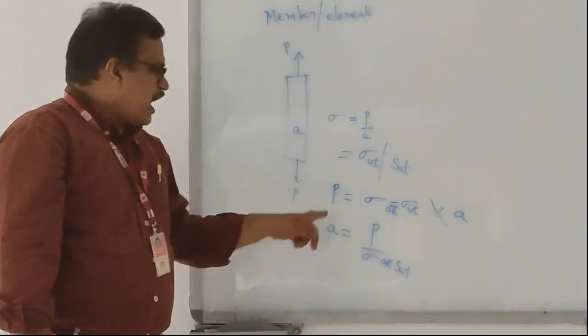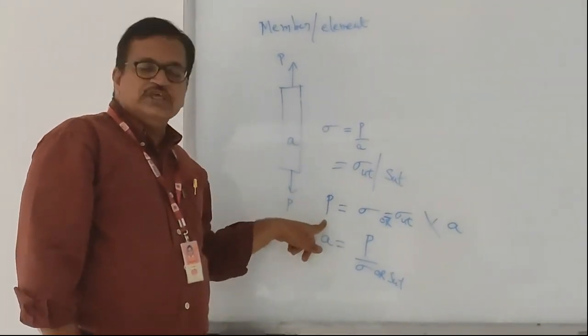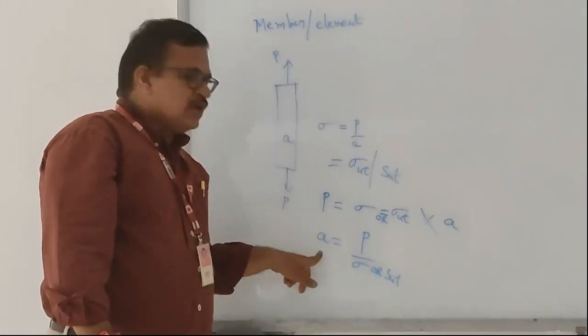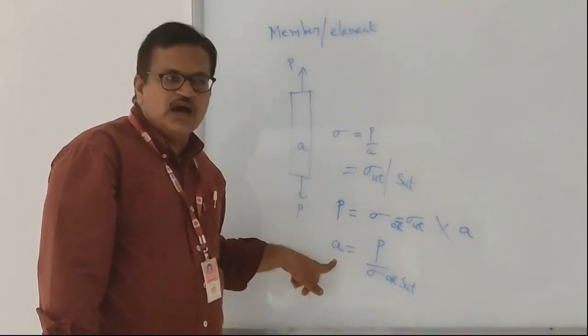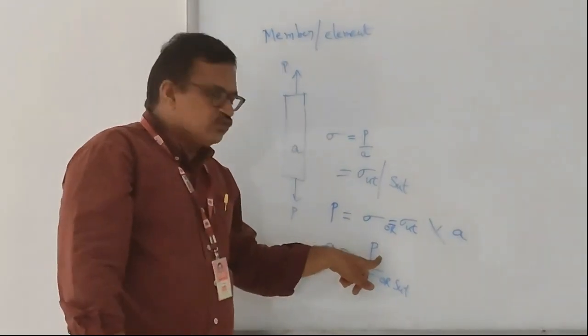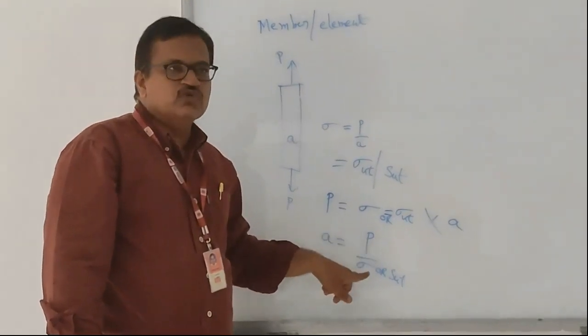So either we are going to find the maximum load the member is going to carry, or the minimum cross-sectional area of the member on which it is subjected to this much load, but it is not going to fail.